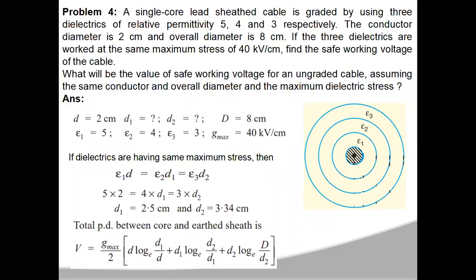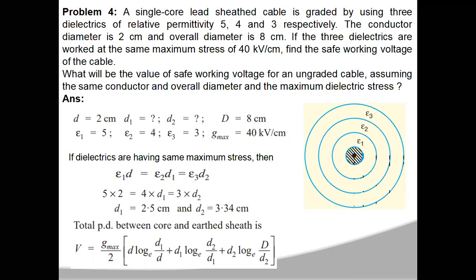That means epsilon 1 will be greater than epsilon 2, and epsilon 2 will be greater than epsilon 3. You have to arrange your dielectric materials in such a way that the material which has the highest permittivity will be placed nearer to the conductor. Then another layer will be placed on the first layer. Like that, in the decreasing order of permittivity, you have to place the dielectric materials. Then the dielectric stress will be the same at all the layers.